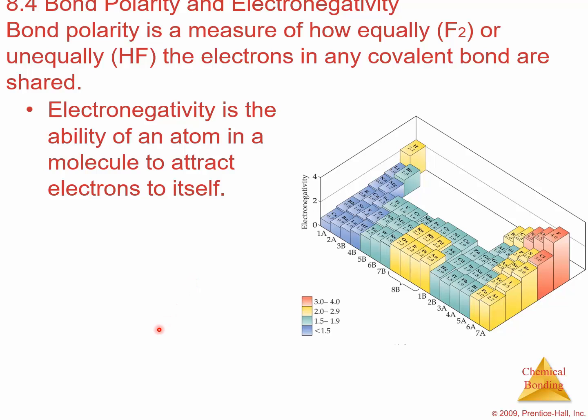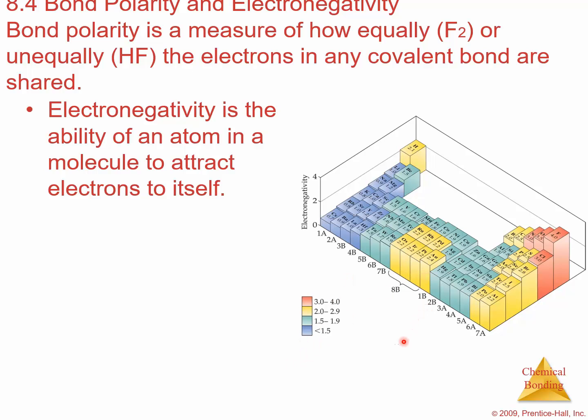If we look at this figure, it shows us the electronegativity values for elements in the periodic table. What is the general trend in electronegativity? Notice that electronegativity increases from left to right in the periodic table and decreases from top to bottom.